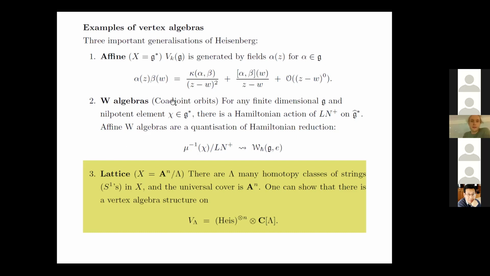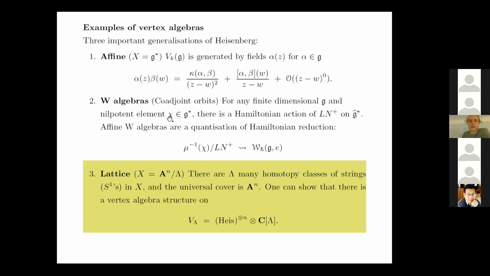So secondly, there are affine W algebras, whose associated graded tend to be jet spaces of coadjoint orbits, and it's a one-parameter deformation of a certain algebra, where you take a nilpotent element in the dual of the algebra.